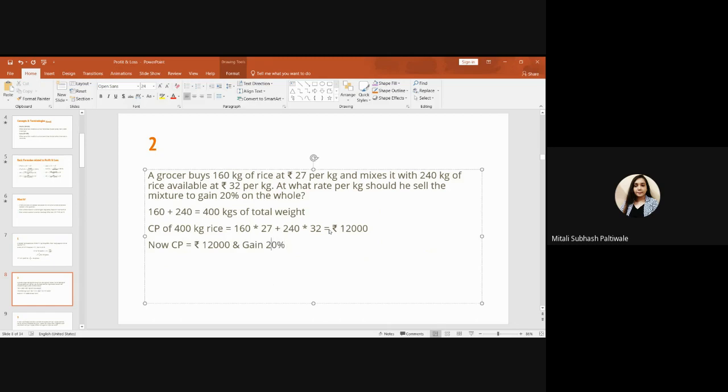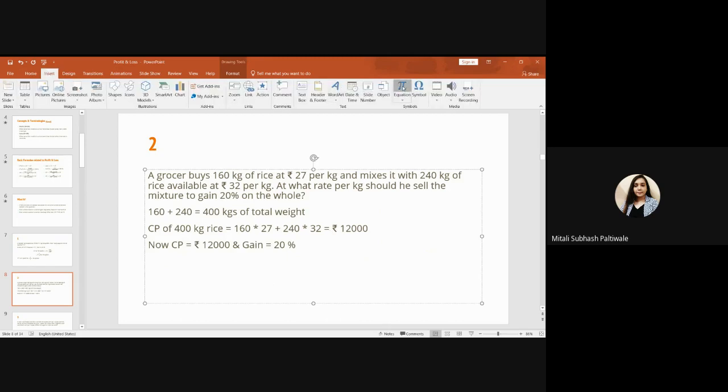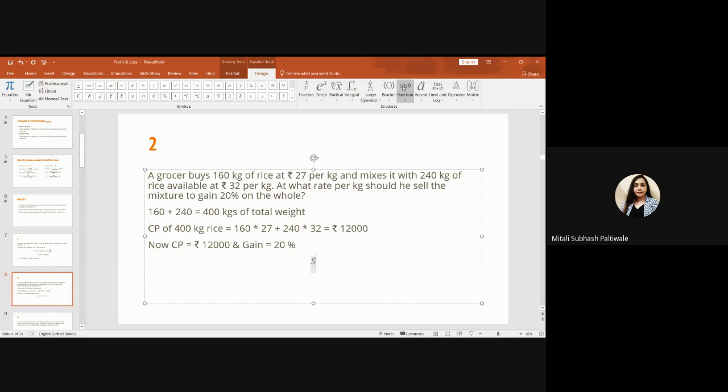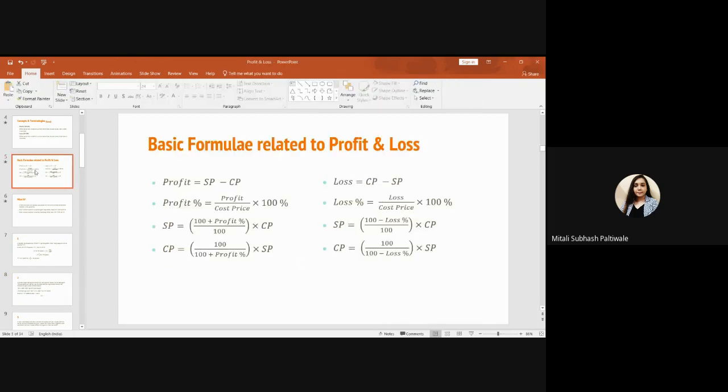So now we can put the formula and find out at what rate the selling price is. The formula for selling price is, I'll insert an equation again, equal to 100 plus profit by 100 into CP.